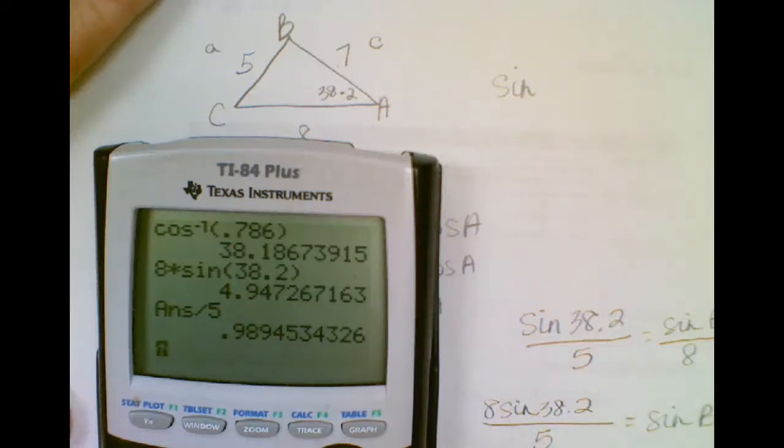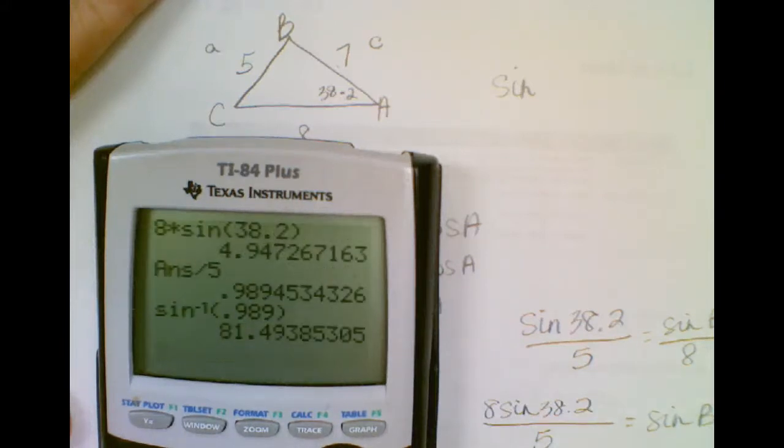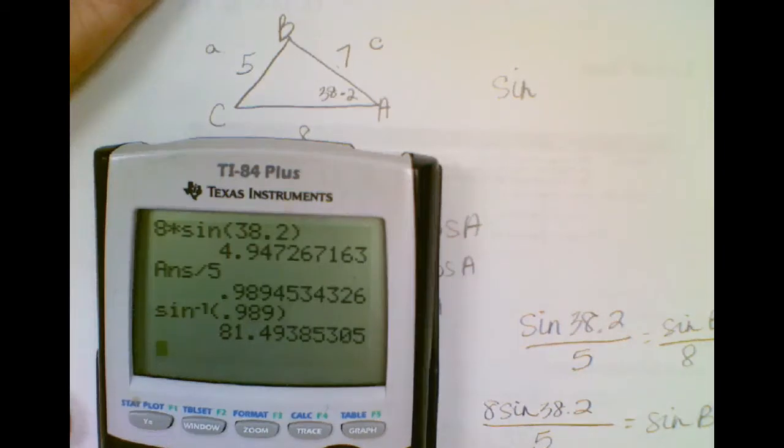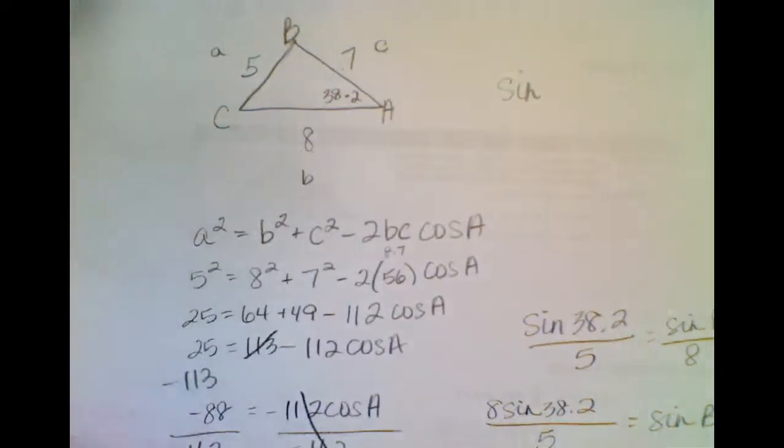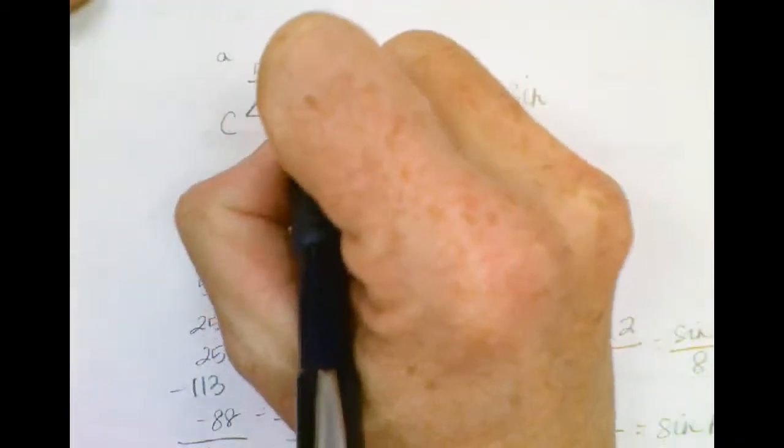We're going to use second function sine, 0.989. So we would have B equals 81.5. Let's just round that off. Okay, so there's your measurement for B, which would be 81.5.